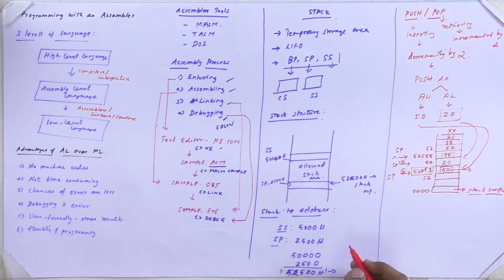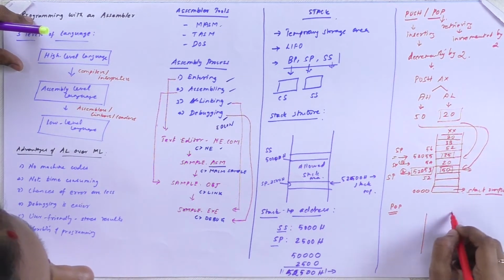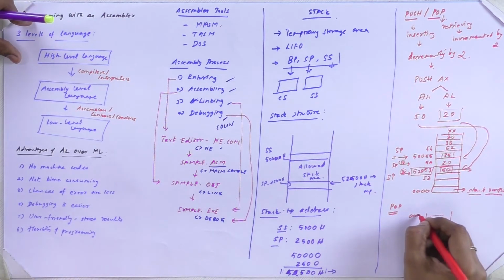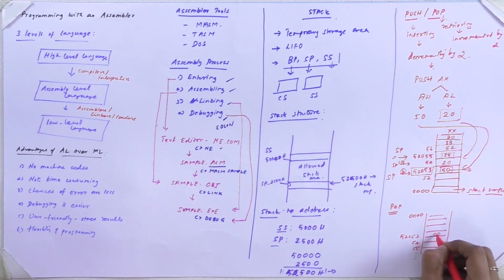And when you consider the pop operation, it's similar. Assume the stack area in this direction, that is from bottom to top, and the stack pointer is pointing to this location: 52053, 54, 55, etc. In 53 it contains the value 50, in 54 it contains the value 20, and in 55 it contains the value 35, and so on.